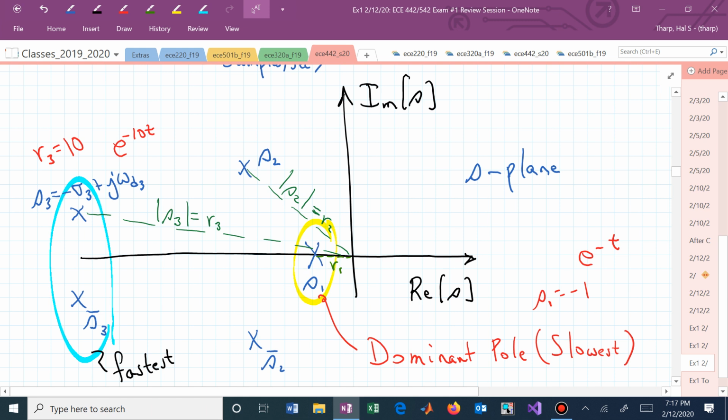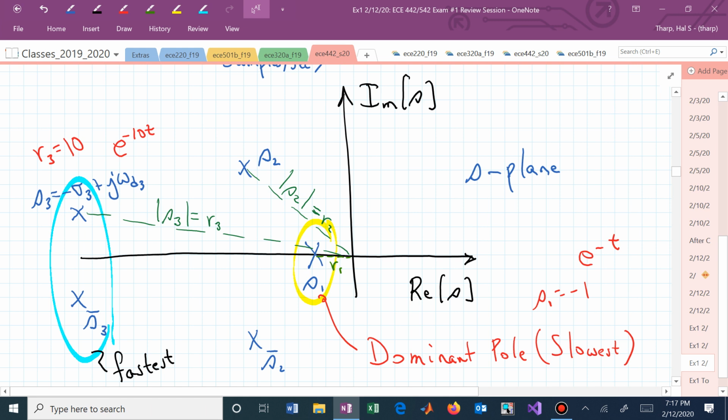The one at S1, we said, let's just hypothetically say that's at minus 1. That is a pole at s equal to minus 1. That inverse Laplace transforms to e to the minus t. Now, plug in values of t, and I hope you can see that e to the minus t doesn't decay exponentially as fast as e to the minus 10t.